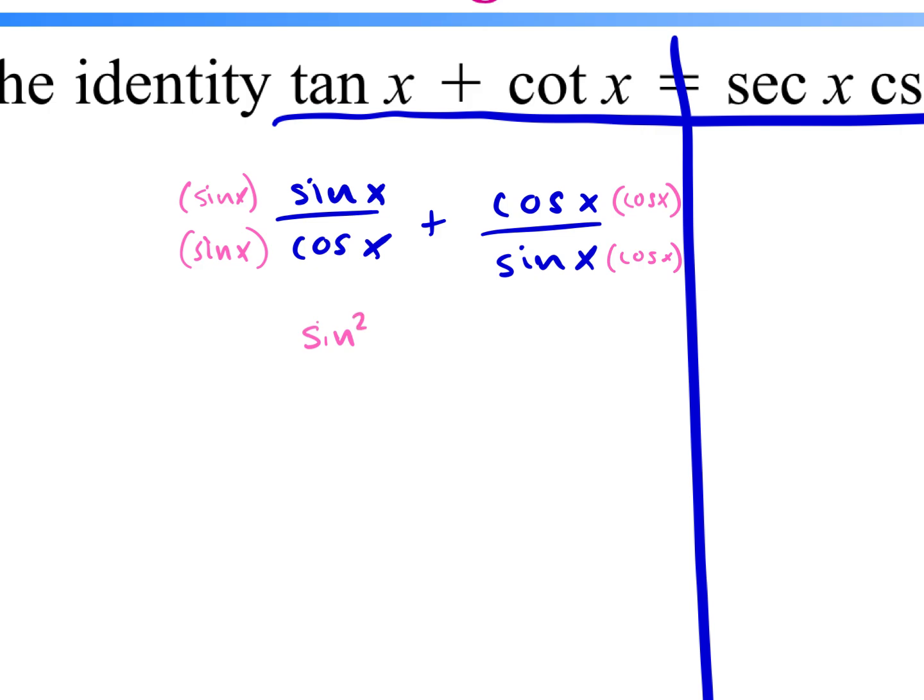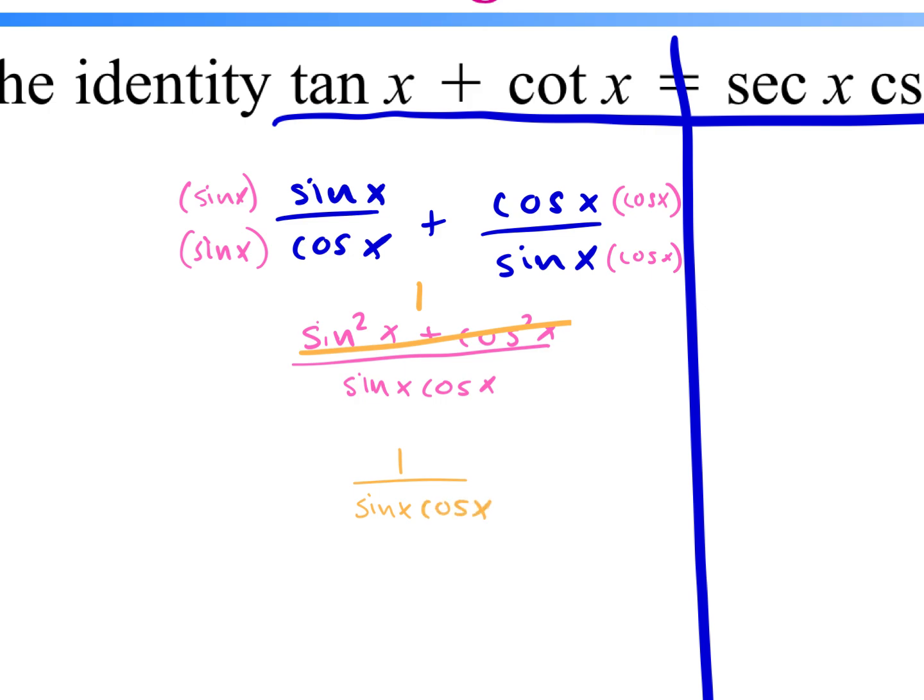So we get sine squared plus cosine squared over sine times cosine. Sine squared plus cosine squared. We've seen that before. What does that equal? 1. Awesome. So let's replace that with 1. So we have 1 over sine times cosine.